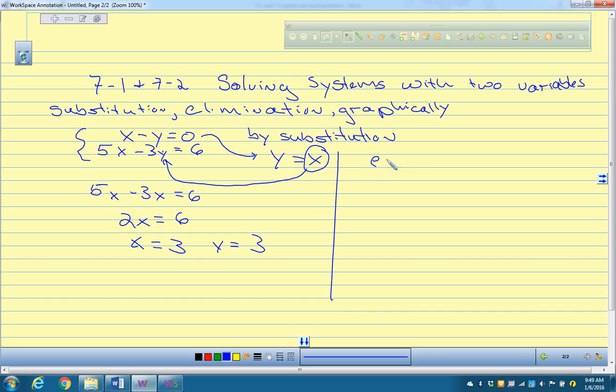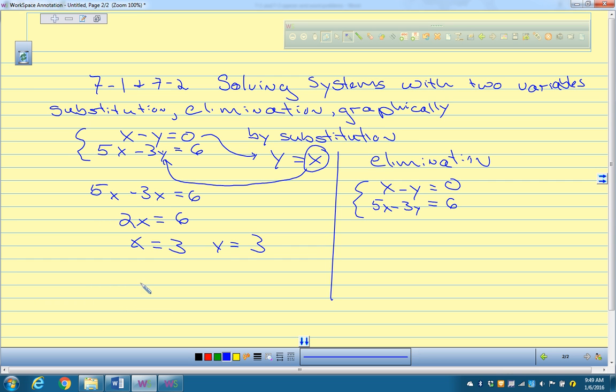How about by elimination? So same system, we're going to solve the same thing in three different ways. x minus y equals 0, and 5x minus 3y equals 6. Who could tell me how to solve that system by elimination? Go ahead, Colton.